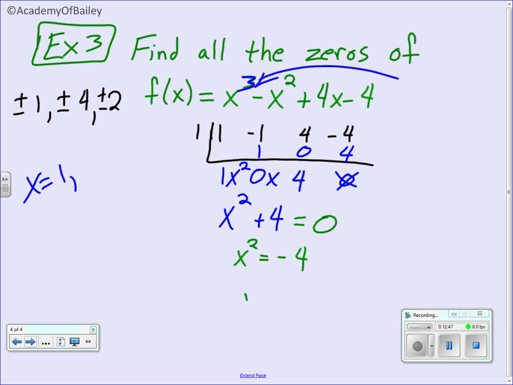And we took the square root of both sides, so x must be equal to positive or negative square root of negative 4, which is positive negative 2i. 2i is one solution, and negative 2i is the other one.